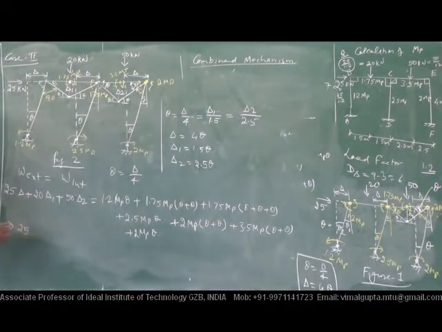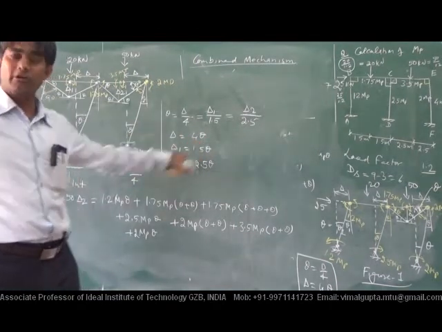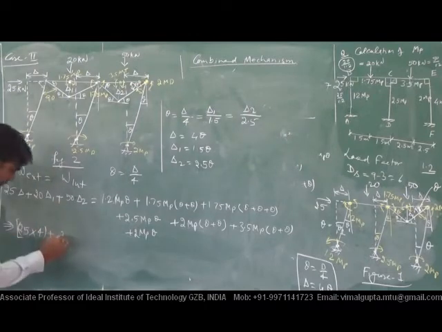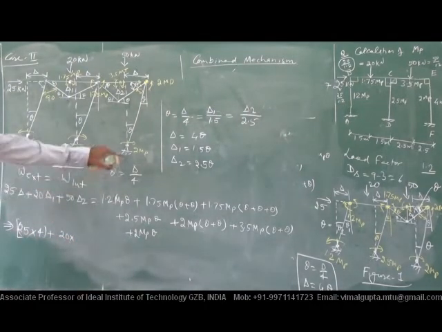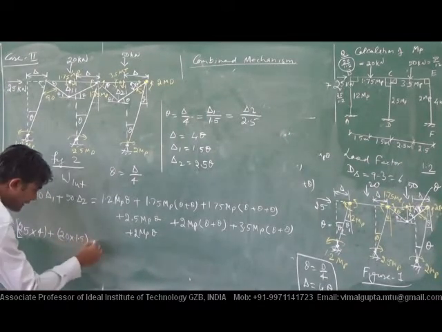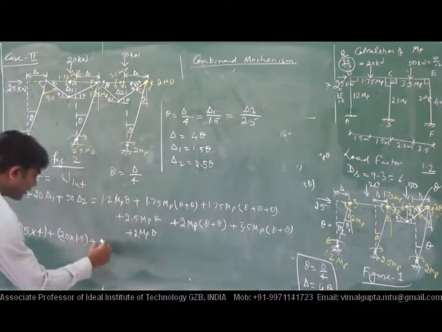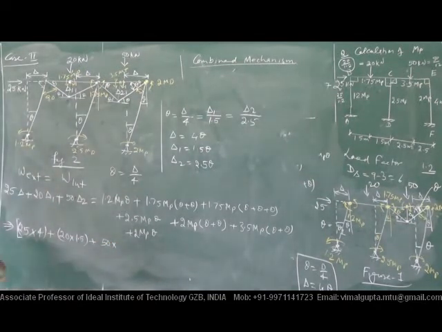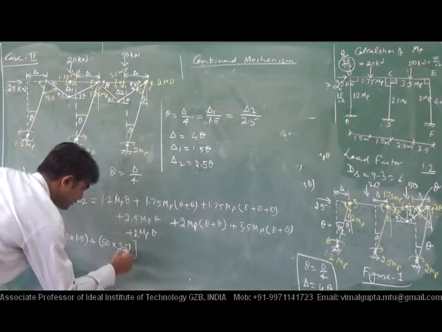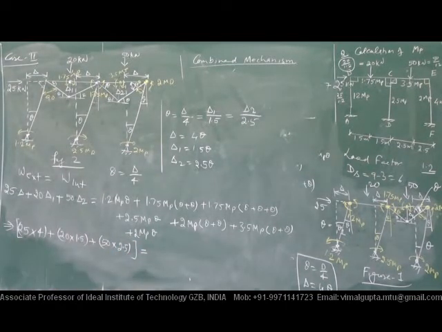25 into delta, whose value is 4 theta, plus 20 into delta 1, which is 1.5 theta, plus 50 into 2.5 theta, is equal to the internal work.